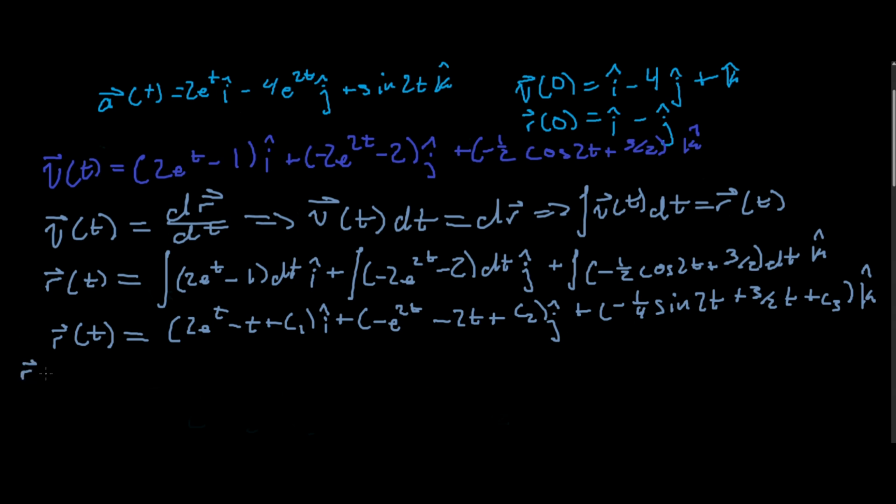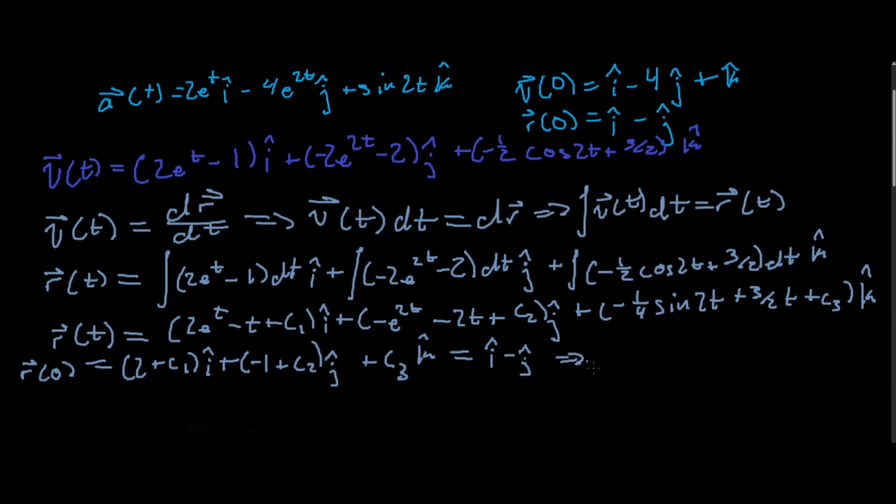So r of 0 equals 2 times 1, because it's e to the power of 0, so I'll just omit the ones this time, minus 0, plus c1 in the i direction, plus another 1, so negative 1, minus 0 plus the second constant in the j direction, plus sine of 0 is 0, so skip that, and that's also added to 3/2 times t, and t is 0, so it's 0 plus 0 plus c3, so it's just c3 in the k direction. And that's equal to i minus j.